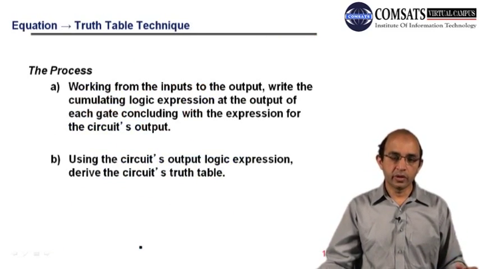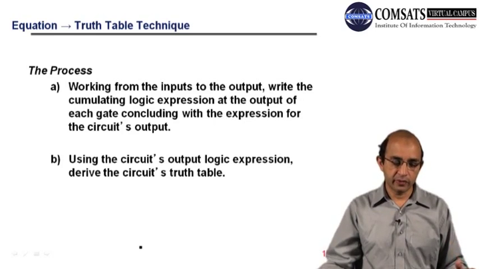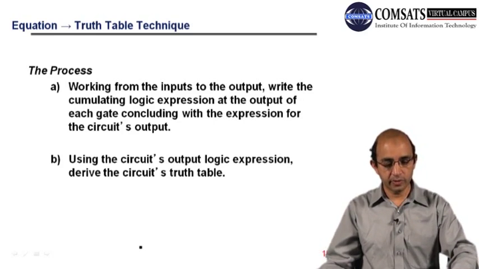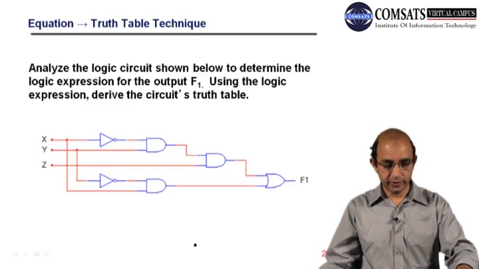So now we have reversed them. We have the Boolean expression and we have to move towards the truth table. So we have to follow the underlying steps. This is the equation to truth table. This is the circuitry.